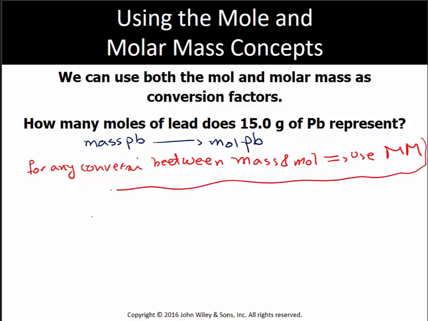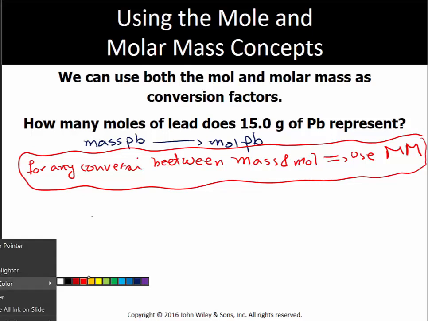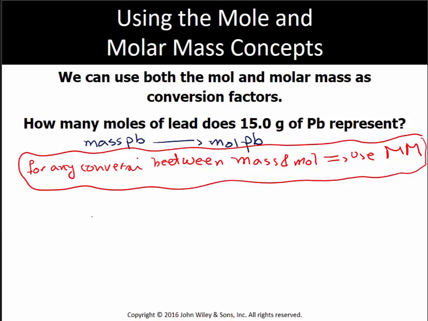So keep in mind that whenever you're doing any conversion between moles and mass, whether you're going from mass to moles or moles to mass, you'll use the molar mass. In this question, we're going from mass of lead to moles of lead. The only thing that I know that gives me the ability to convert between moles and mass is the molar mass of lead.